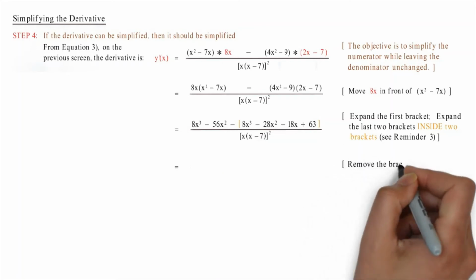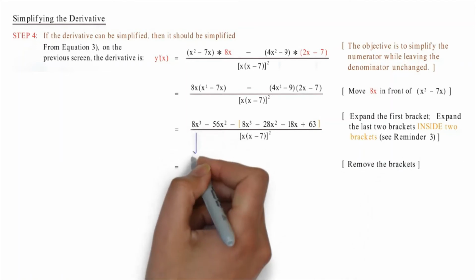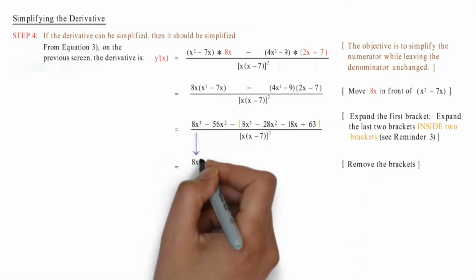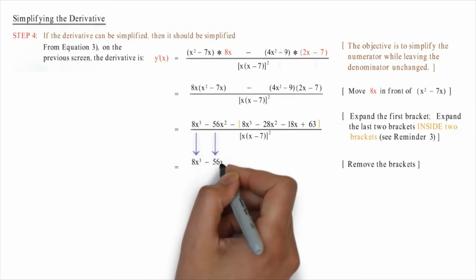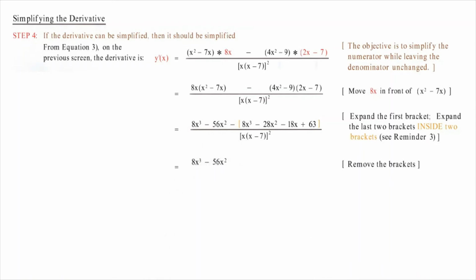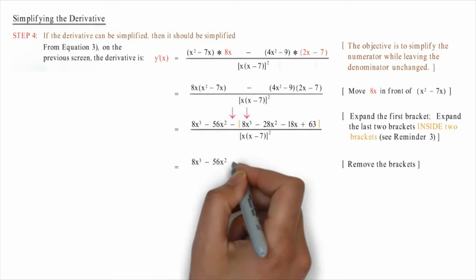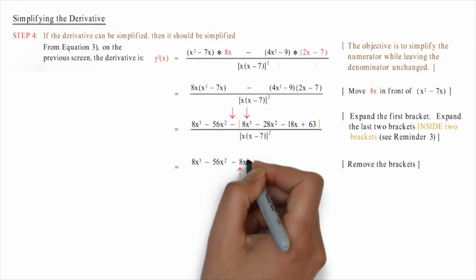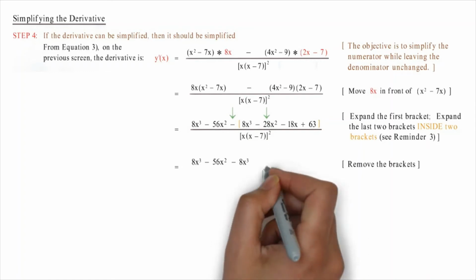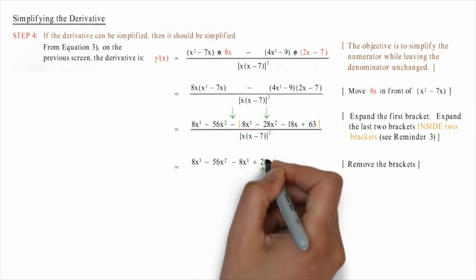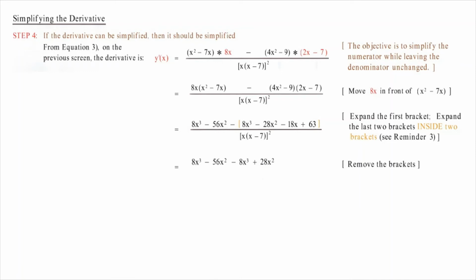Remove the brackets. Bring down 8x cubed. Bring down minus 56x squared. Minus 8x cubed is minus 8x cubed. Minus 28x squared is plus 28x squared.